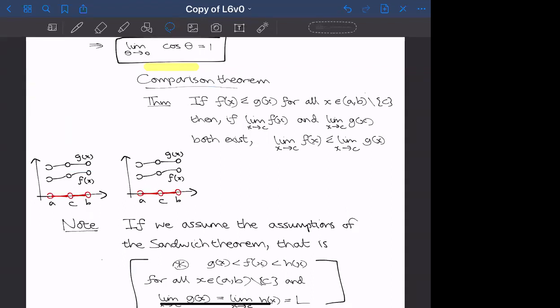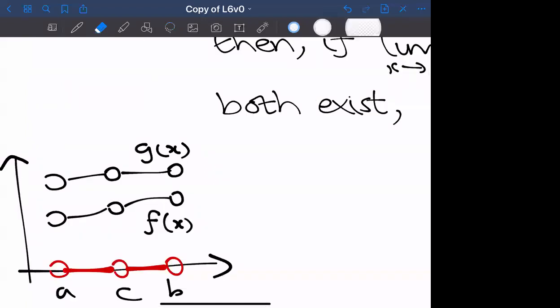So notice the condition is that f is less than or equal to g for all x in the domain.